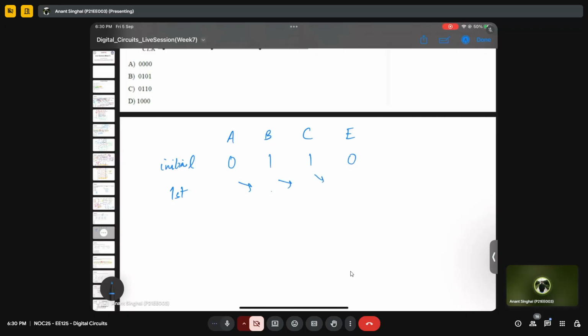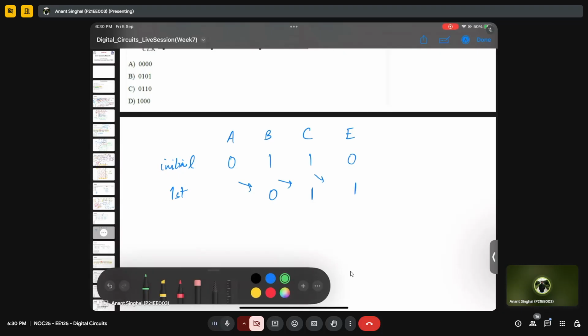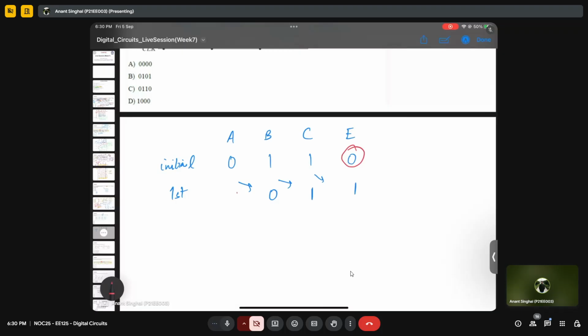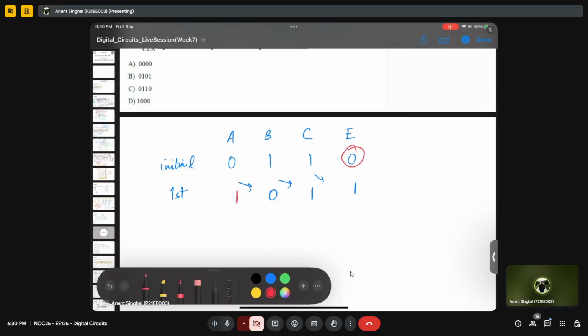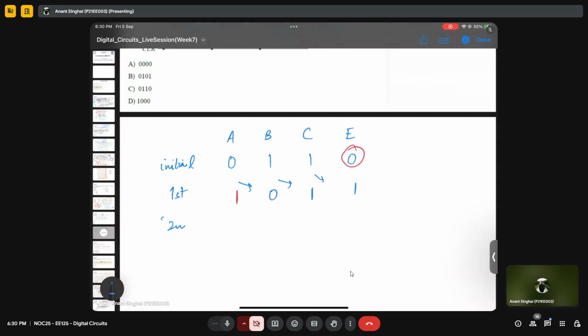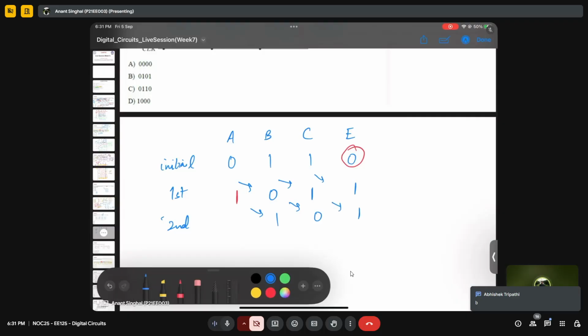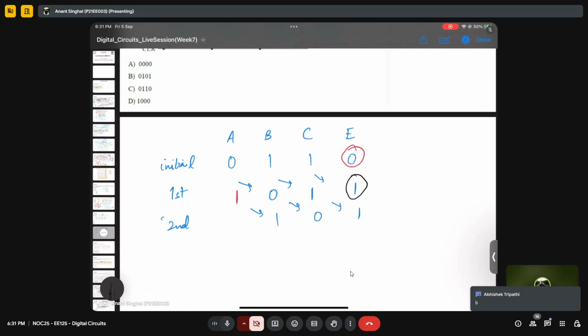So it will be 0 1 1, and the complement of this, as I said in the previous question, will come here. Now again the second clock, so it will be 1 0 1, and the complement of this last bit, which is 1, is 0.